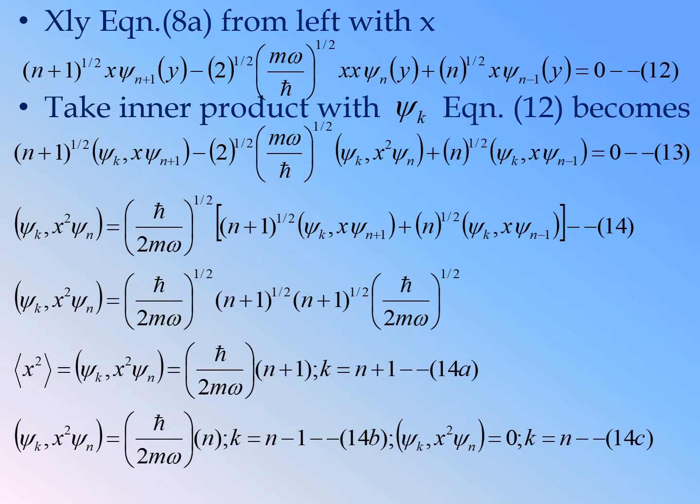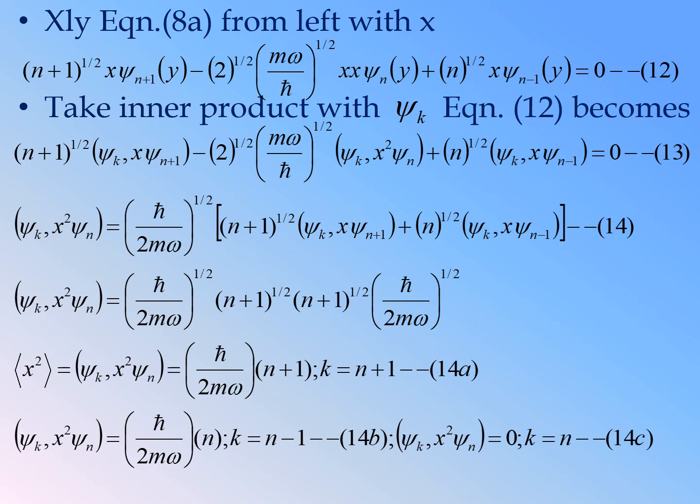Now you multiply equation 8a from left with x. So you are getting square root of n plus 1 x psi n plus 1 of y minus square root of 2 m omega by h cross whole power half x, because you are substituting y is equal to (m omega by h cross) whole power half into x, into x psi n of y plus square root of n x psi n minus 1 of y is equal to 0.